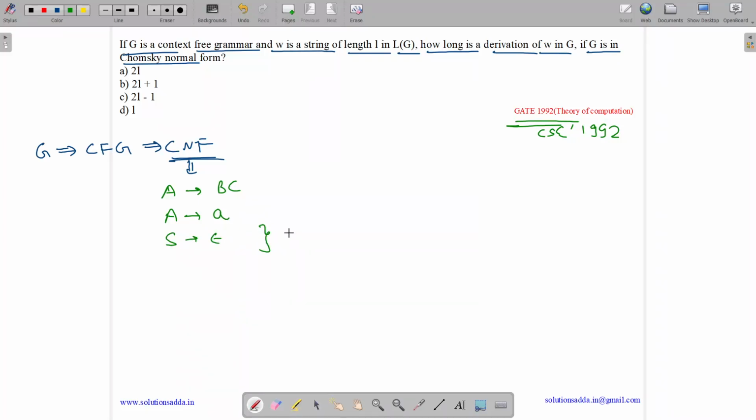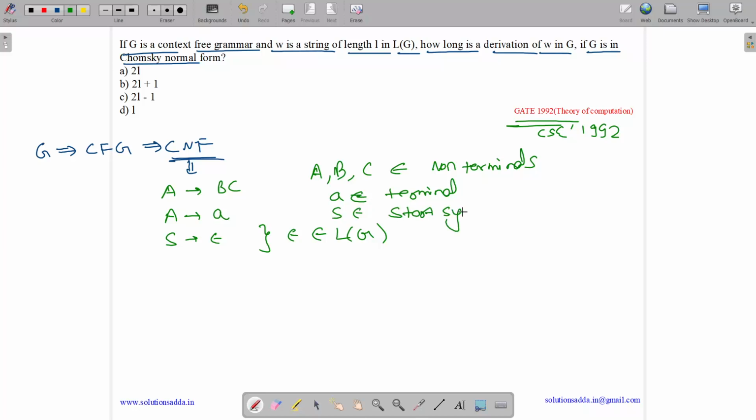This is present only if epsilon belongs to language of a grammar, where A, B, and C belong to non-terminals, a belongs to terminal, and S belongs to start symbol.